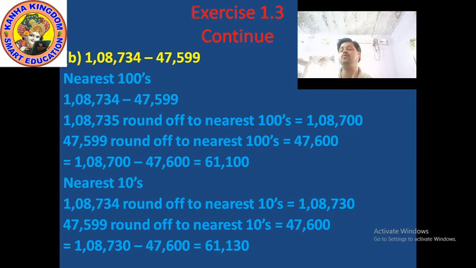So first you write down 1,08,700 minus, now the smaller figure is 47,600. So when you see the ones digit of both the figures, 0, so write down 0 minus 0, it becomes 0. Now the tens figure, here is also 0, so 0 minus 0, again 0.